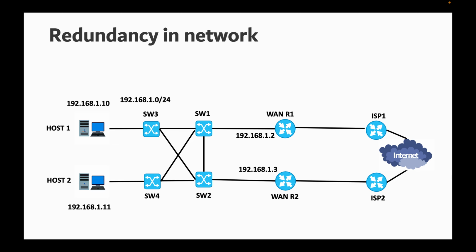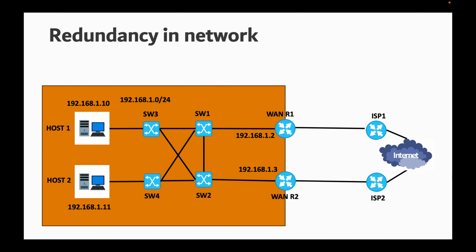But there is a problem with this design, as a host can be configured with only one default gateway. Either you can configure R1 or R2. And if one of the gateways goes down, the user has to reconfigure the gateway. This is another drawback. So this is where FHRP comes into the picture.